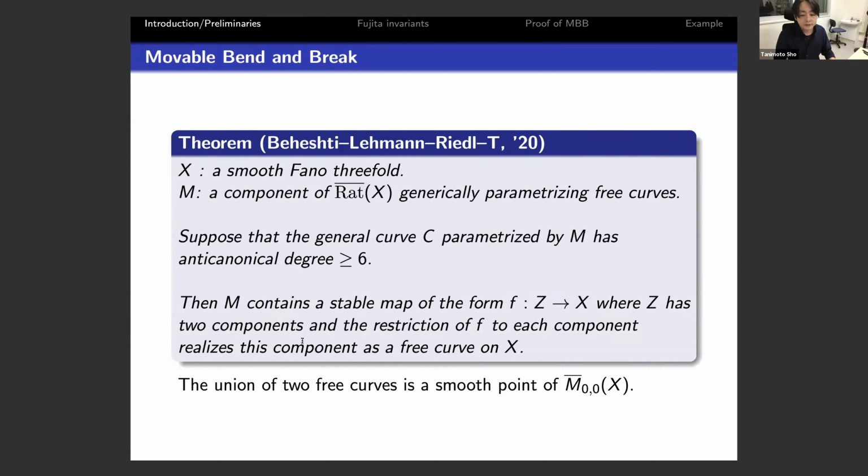Then M contains a stable map of the form F from Z to X, where Z has exactly two components, and the restriction of F to each component realizes it as a free rational curve on X. The nice thing about this movable bend and break is that the union of two free rational curves is a smooth point of the moduli space of stable maps. So this is a really nice thing. We can exploit this structure to prove the irreducibility of spaces of rational curves. All right, so that's one of our main theorems.